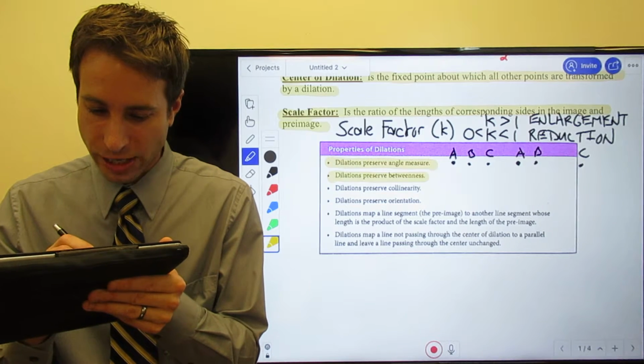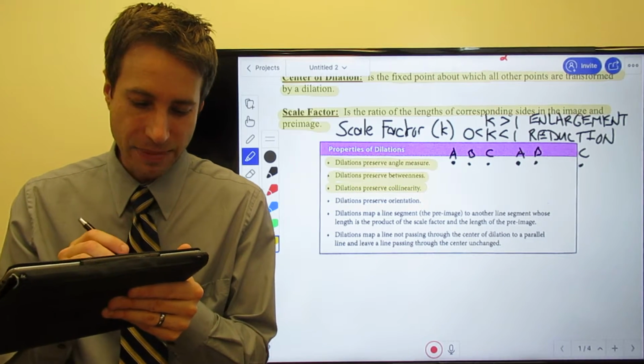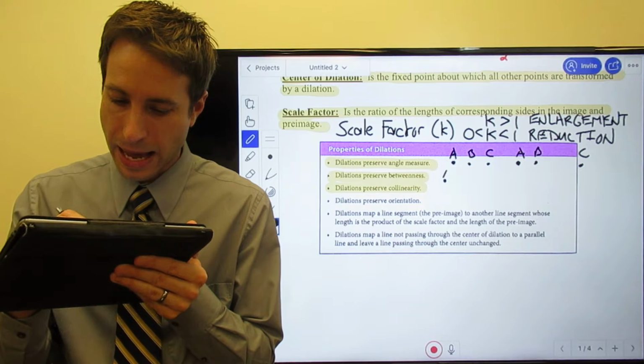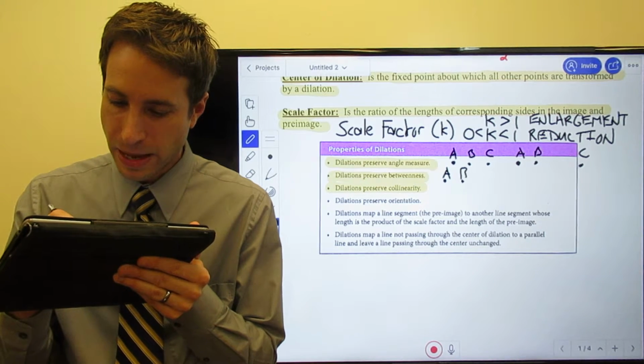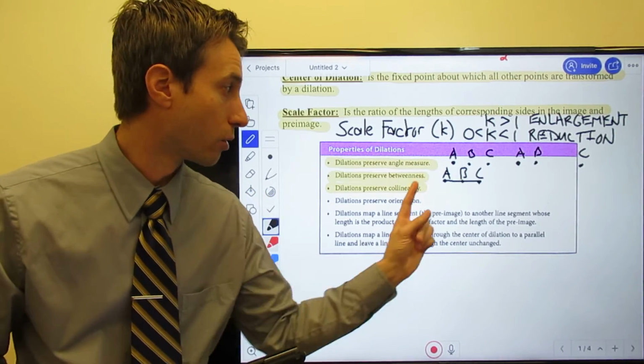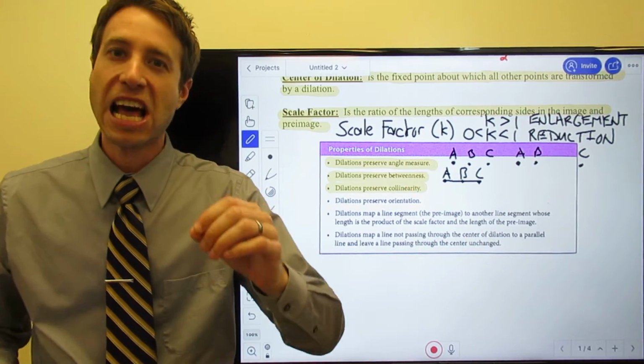Then it cannot change the collinearity. This one's actually really simple as well. If I have point A, point B, and point C, and they're all in a straight line, they're collinear points.